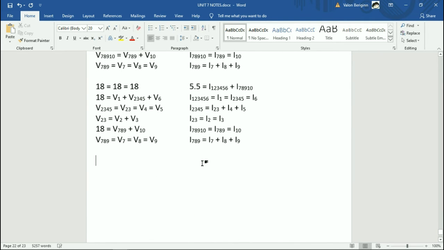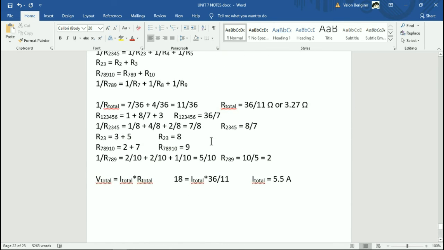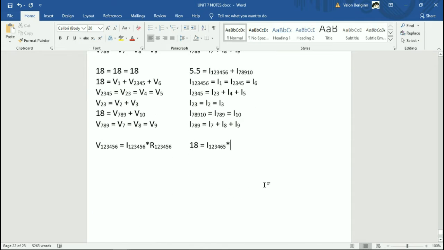So V1-6 equals I1-6 times R1-6. V1-6 is 18, and the resistance R1-6 is 36 sevenths.